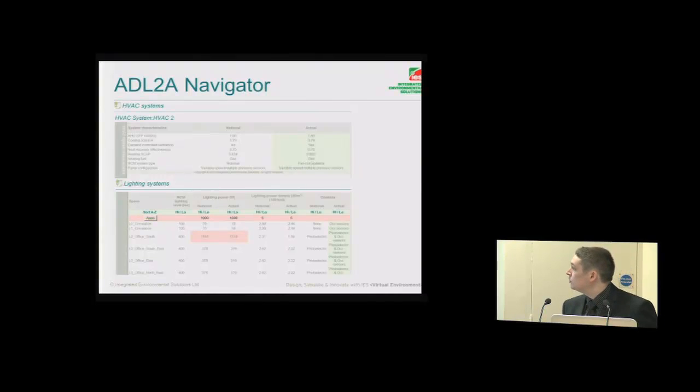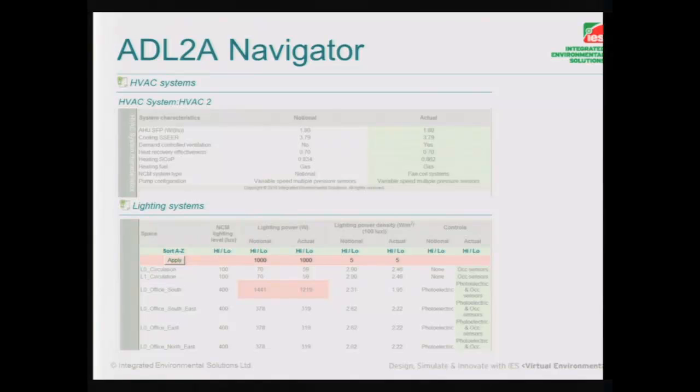Okay. Below that, we've also got our lighting parameters. So again, we can directly compare between our actual and notional buildings the lighting energy associated with the building on a space-by-space basis. Now, commonly when we get models in for support, perhaps asking why is my building failing, what we commonly find is that the lighting gains set within the building are worse than the notional, and that's perhaps for twofold reasons.